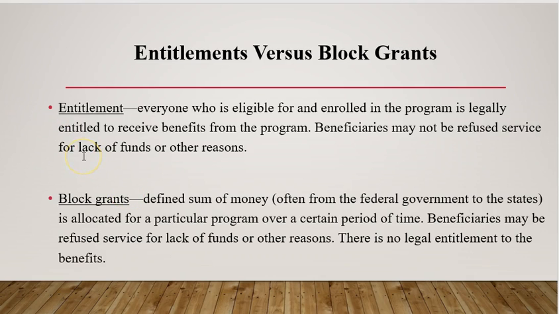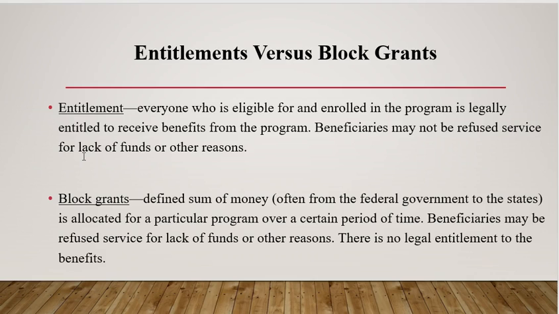Now, before we really delve into the governmental insurance programs, I just want to make sure that you understand both of these terms. First, the term entitlement, which is that everyone who is eligible for and enrolled in the program is legally entitled to receive benefits from the program.